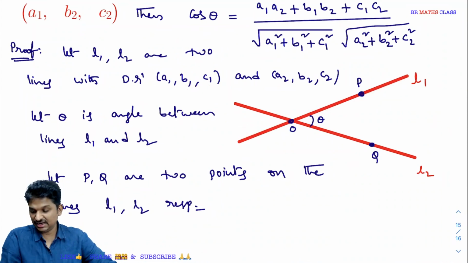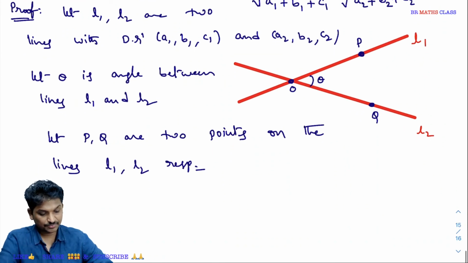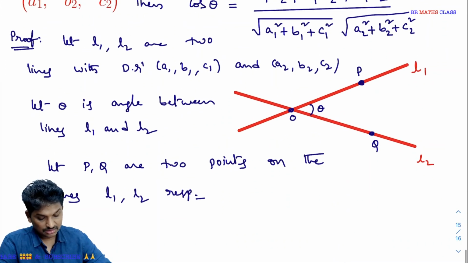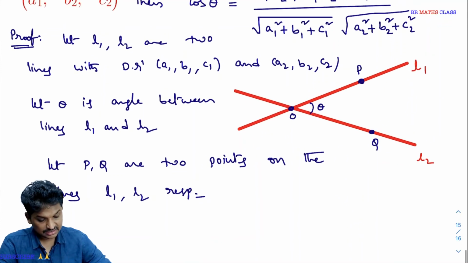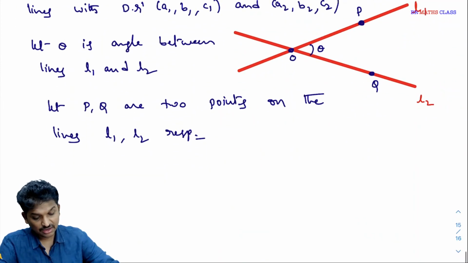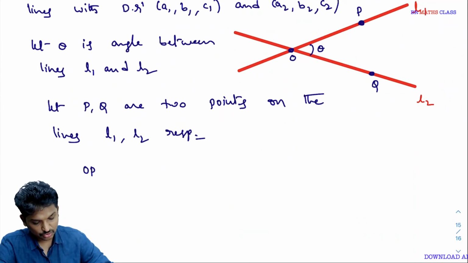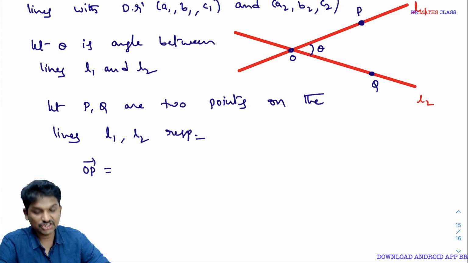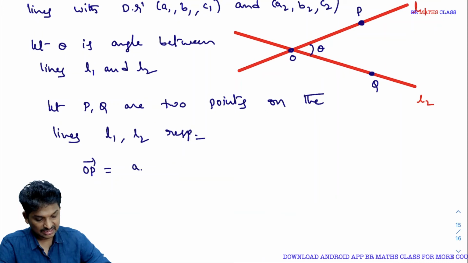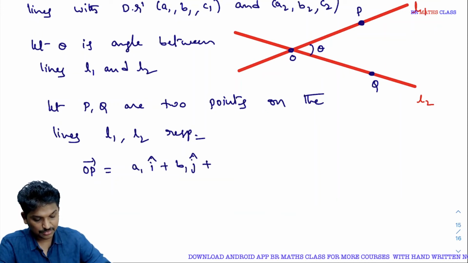So what I can write here, I can write OP bar. As we have the direction ratios of L1, OP bar can be written as A1 i cap plus B1 j cap plus C1 k cap.